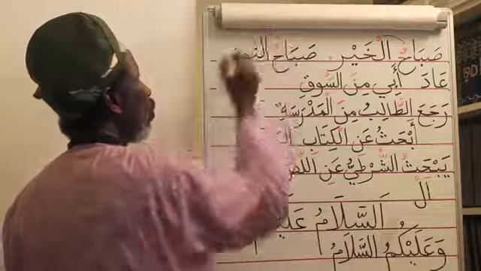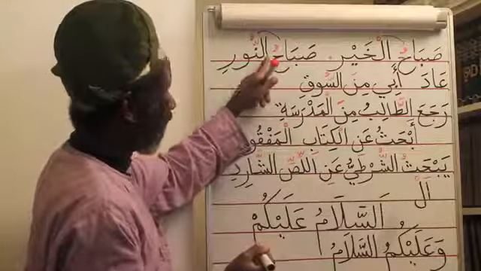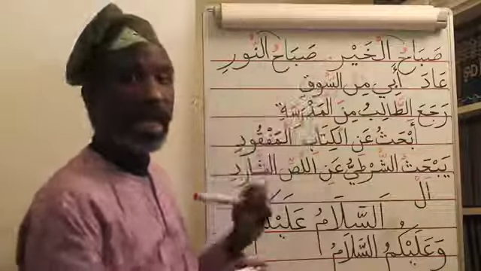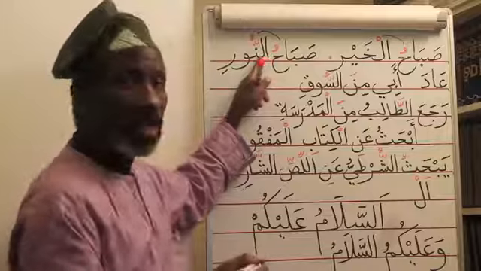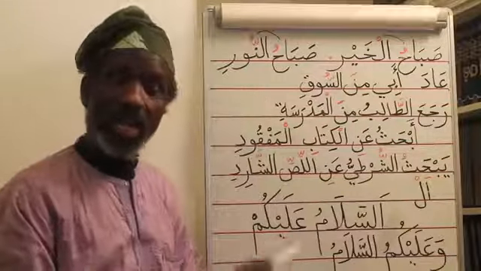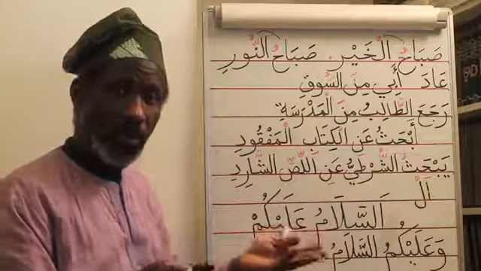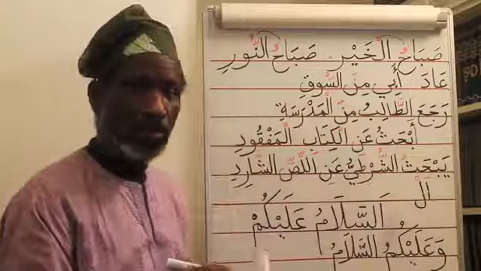Sabahun nur. Here you have hu. Alif is silent for the same reason, because it's not at the beginning. Lam is silent here because noon is your sun letter. It's carrying shadda. So therefore, the sukun on the lam of al has been removed.